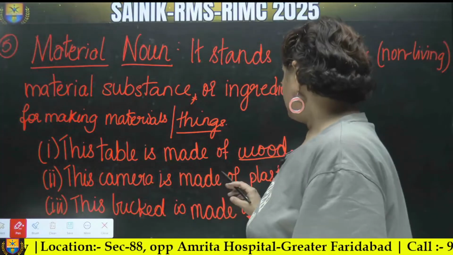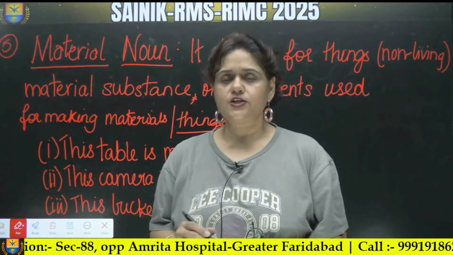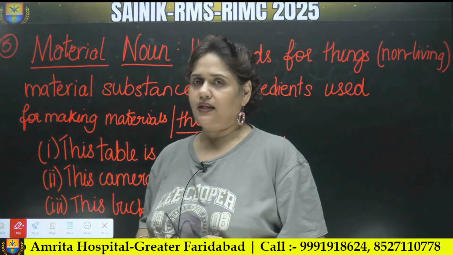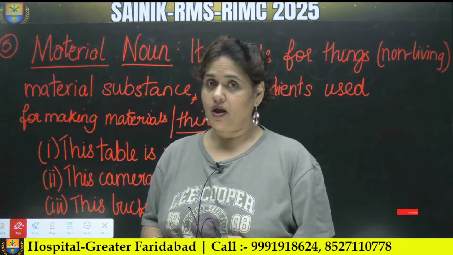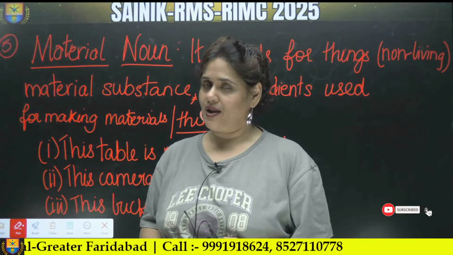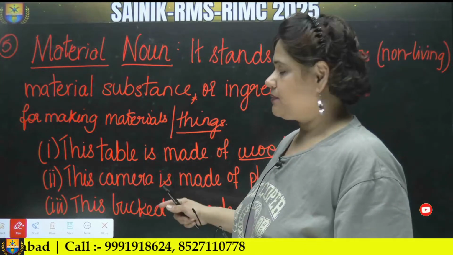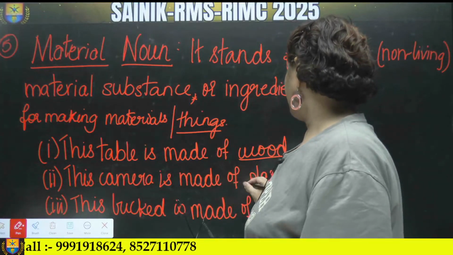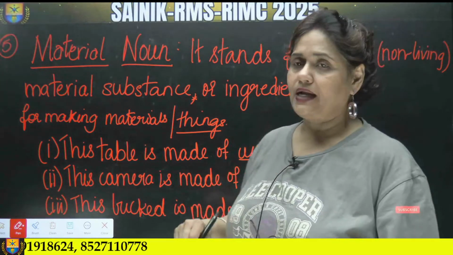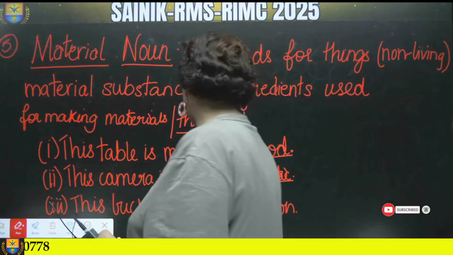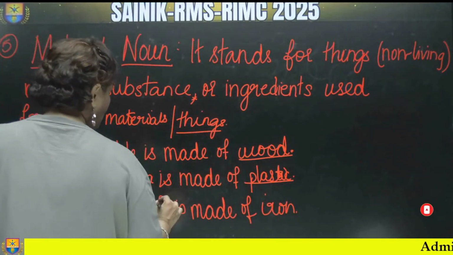This camera is made up of plastic. Is camera the material noun? No. Camera is your common noun. And which material is the camera made up of? It is made up of plastic. So we underline plastic. This bucket is made up of iron.